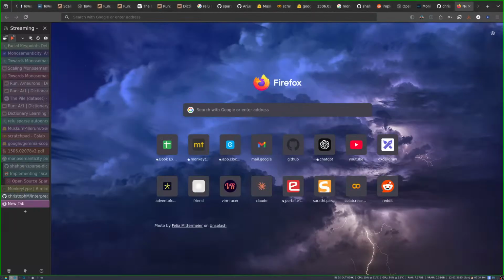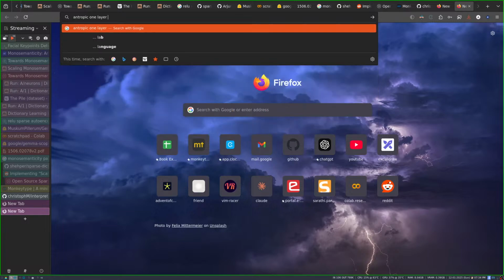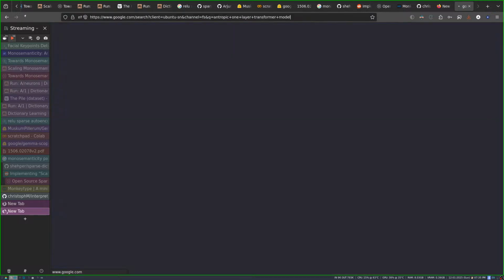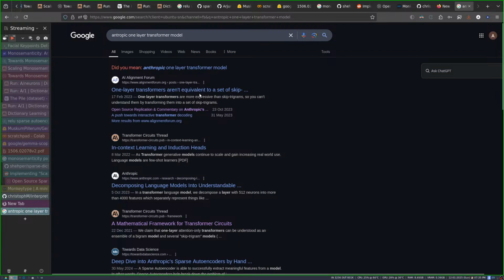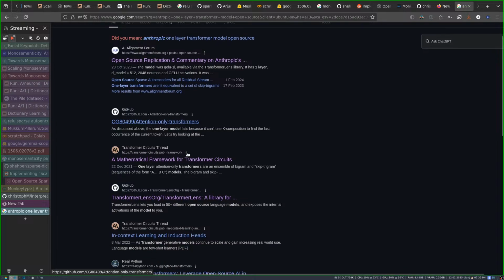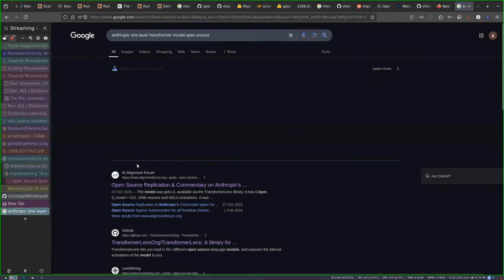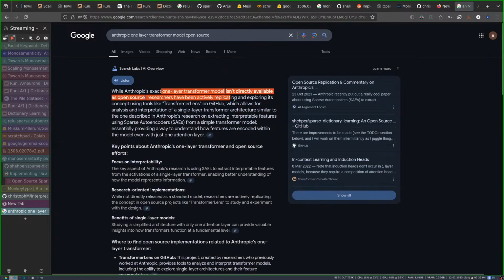Anthropic one-layer transformer model. Open source. Okay, bro.